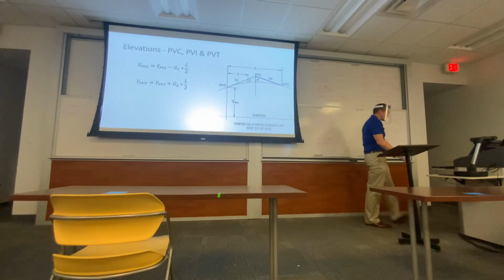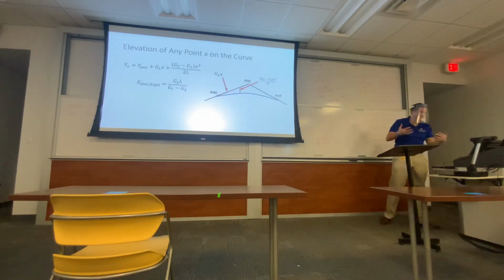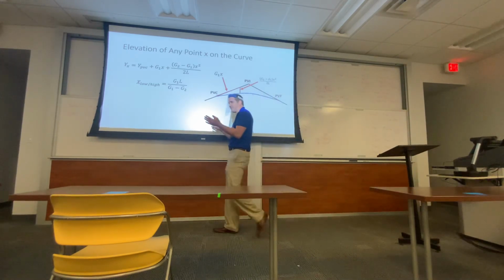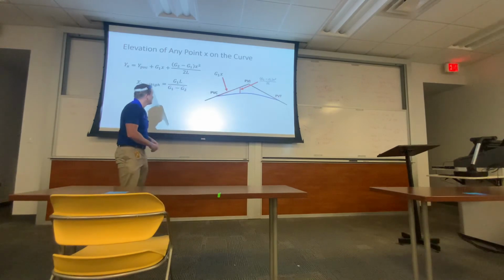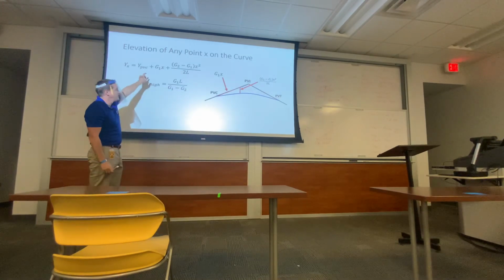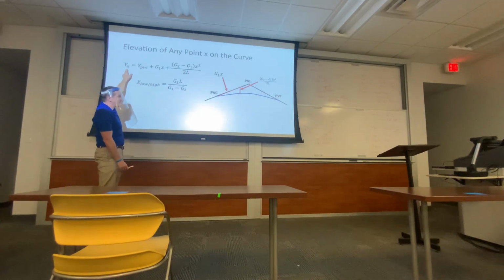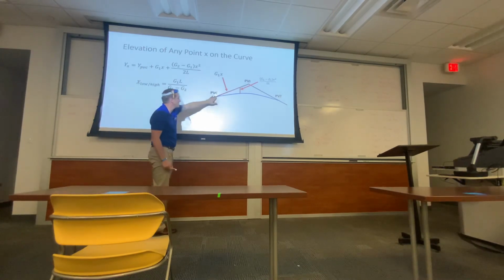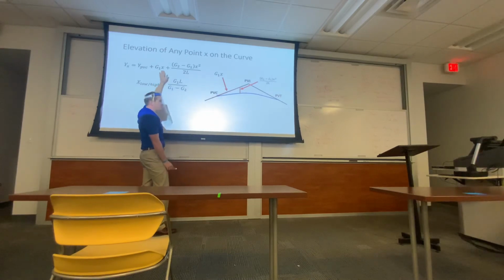We get into trouble when we start trying to take the actual grade of the road between the PVI, PVC, and PVT. So this is the generic for any elevation along X. We start with Y PVC, we start at this elevation, we add to it G1X.